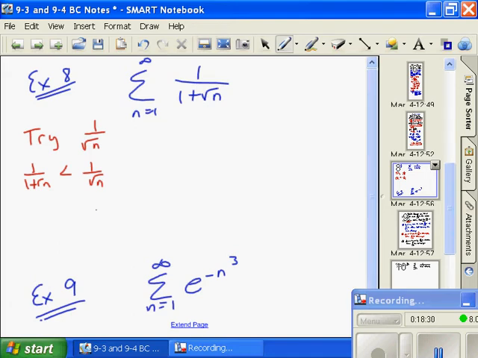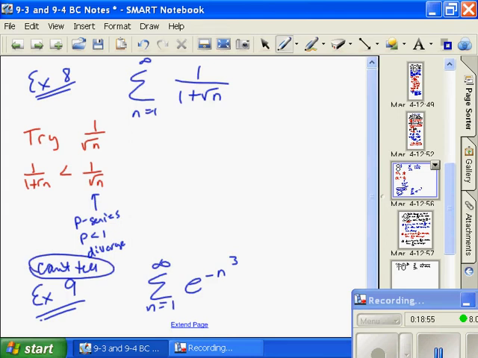Now, if I think about this right side, that's a p series where p is equal to 1/2, so that's less than 1. It's going to diverge. If the larger one diverges, we have no conclusion. So we can't tell.